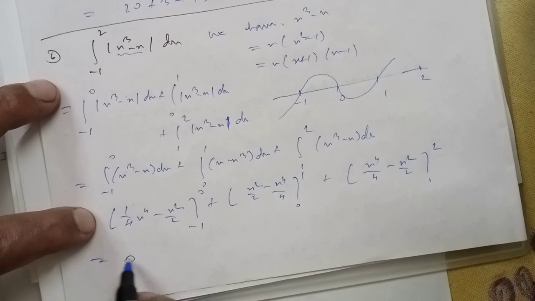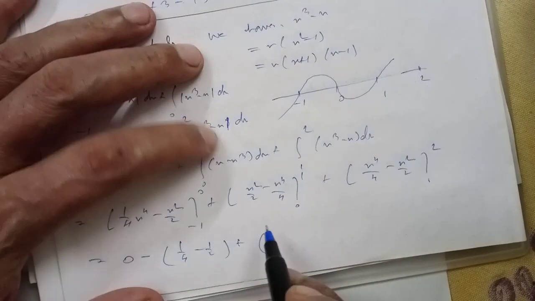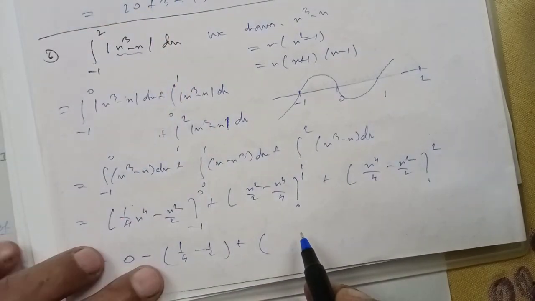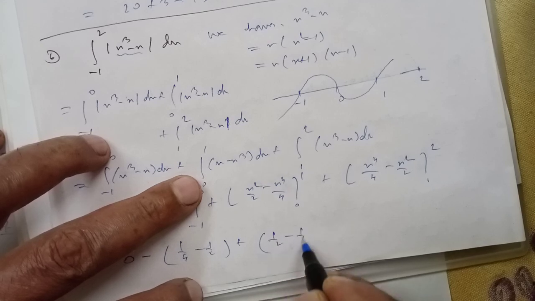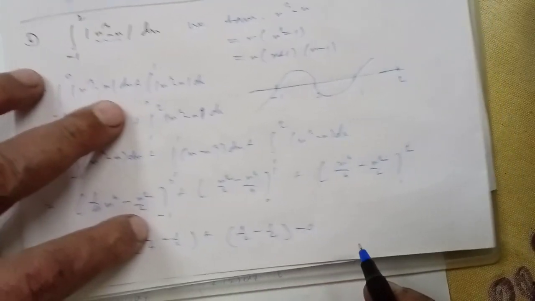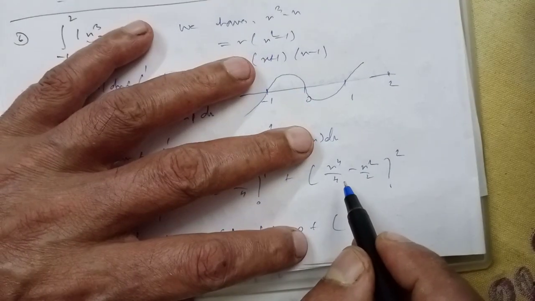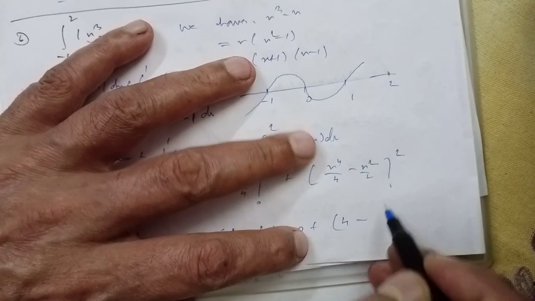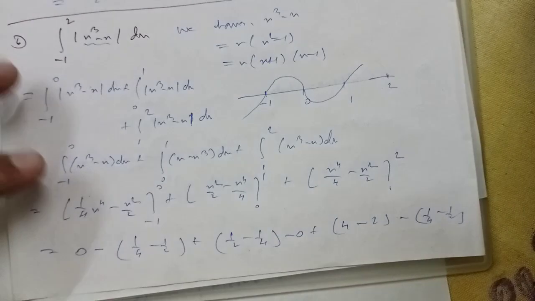Put 0 first, you get 0, then minus, you get minus 1 by 4 minus half. Plus, if you put 1 here, you get half minus 1 by 4, and if you put 0, you get 0. And then if you put 2 here, 2 to the power 4 is 16 by 4, that is 4, 2 square by 2 is 2, then minus 1 by 4 plus half.